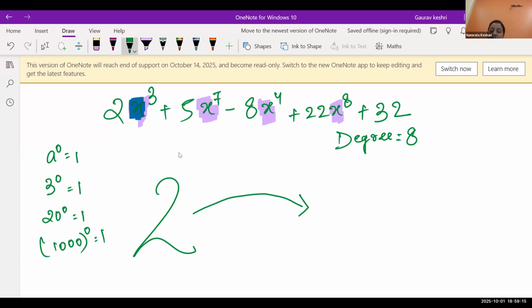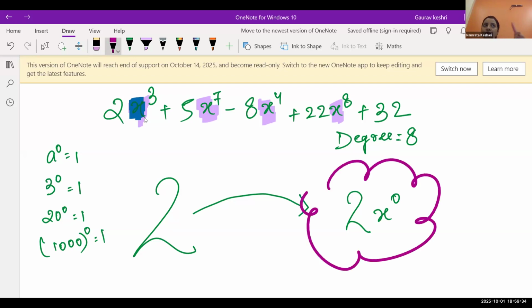So just write it as 2x to the power 0. That means 2 into x to the power 0, because x to the power 0 means just 1, and 2 into 1 is 2. So in our mind, we are thinking of this 2 as this one, and then we are checking rule number 1: only one variable has to be there.